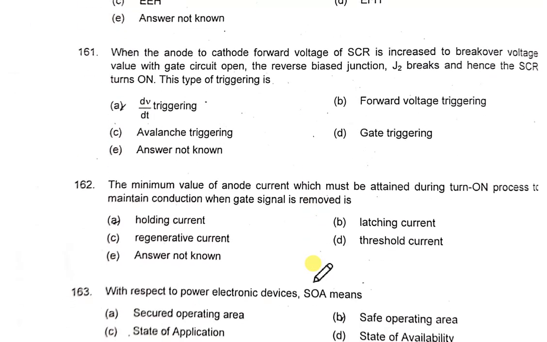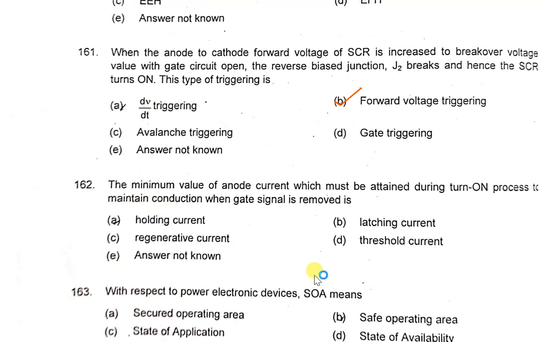When the anode to cathode forward voltage of SCR is increased to break over voltage value with gate circuit open, the reverse biased junction J2 breaks and hence the SCR turns on. This type of triggering is forward voltage triggering.